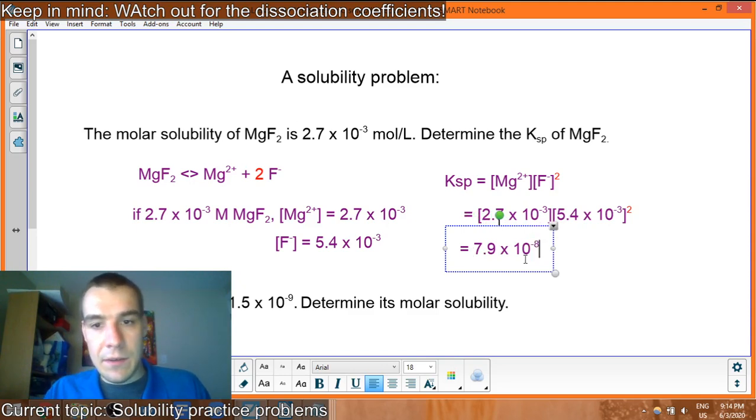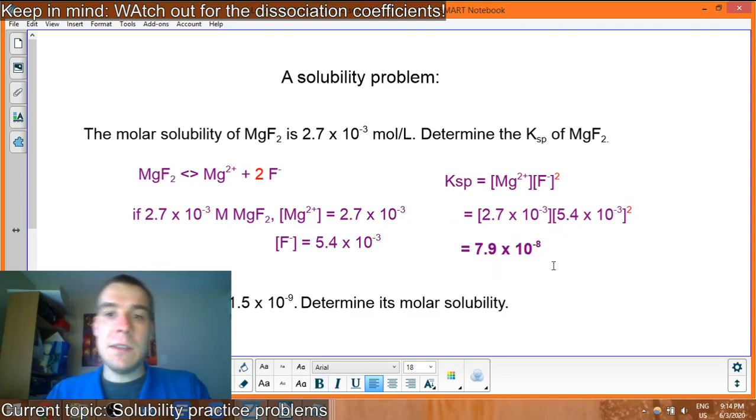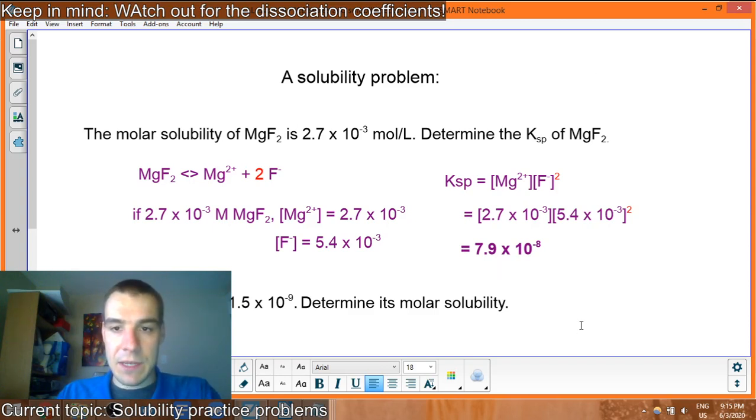That's the answer. Remember that KSP doesn't have any units. No units in a KSP value. So 7.9 times 10 to the negative 8 is the KSP of this MgF2. So you have to kind of watch out for these things.